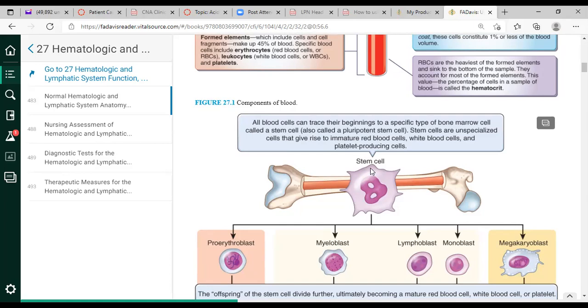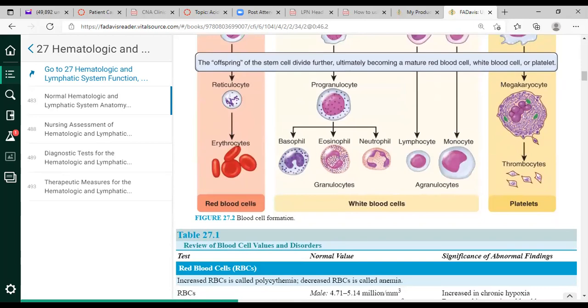The stem cells can work as any cell in the body. They tend to replace specialized cells that are damaged or lost. It's kind of like a repair system.